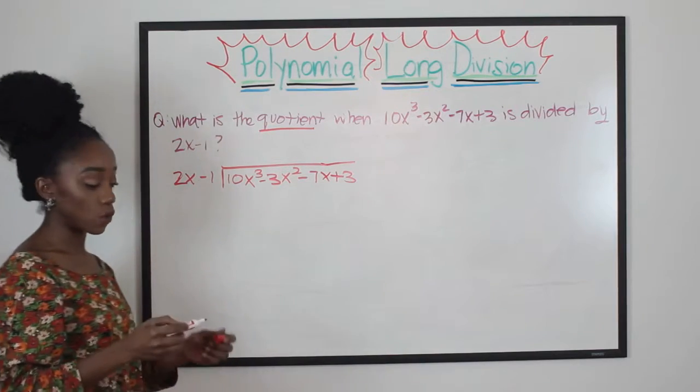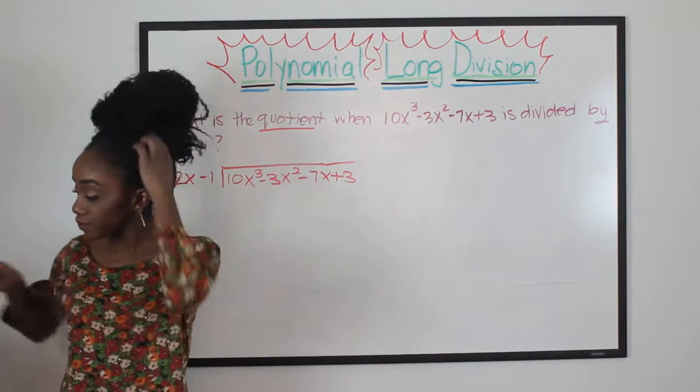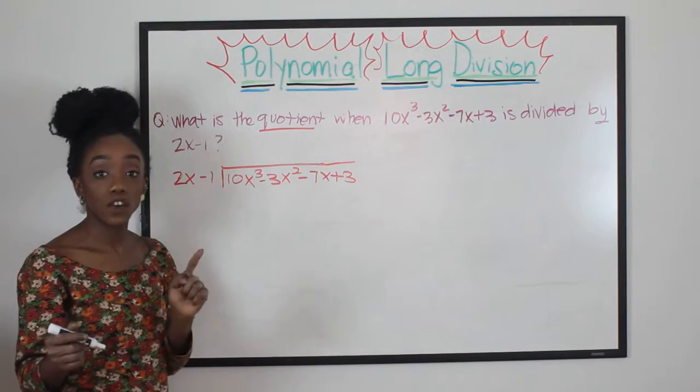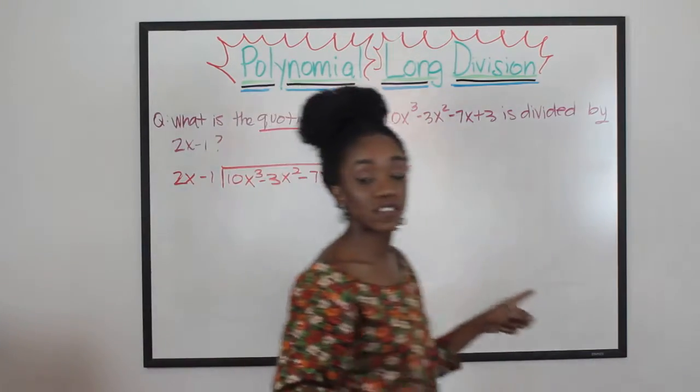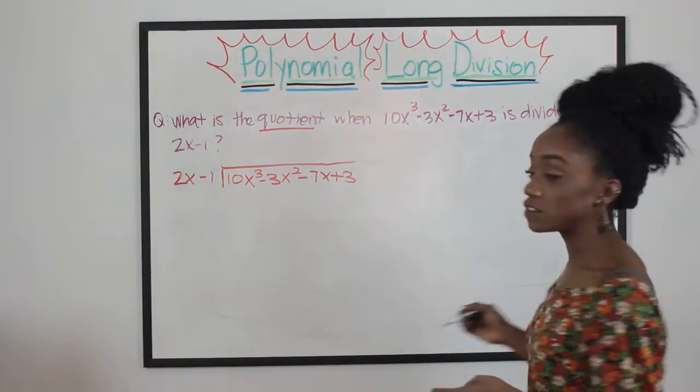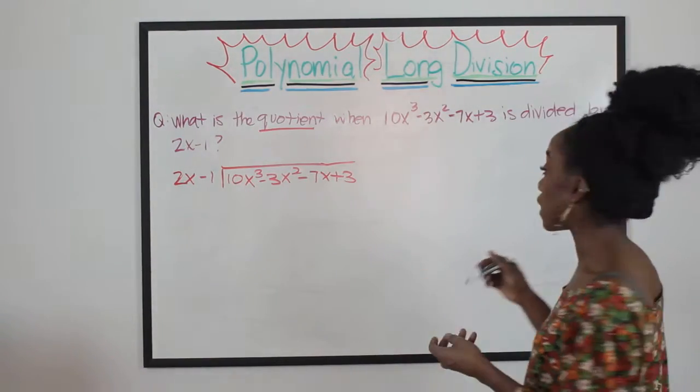Now that we set that up, first thing you want to do is first term with the first term. I'm going to go over to this side because I'm going to need side work. I tell you guys, for long division, you always have to do some work on the side.